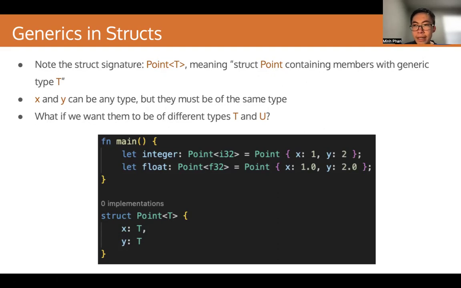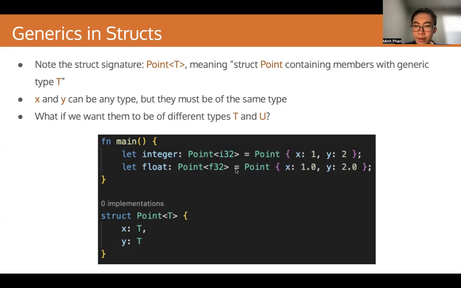As you can see from the code here, we have two instances of that struct. One where we have a Point whose members are of type i32, the variable integer here. As you can see, x and y are of type i32 and the values are 1 and 2. And then we also have a variable float that is of the type Point, but whose members contain the type f32.